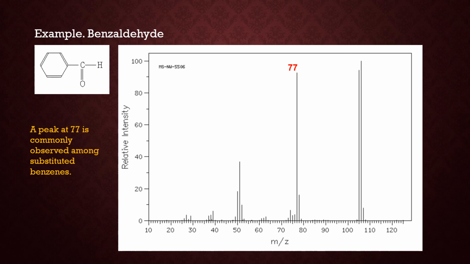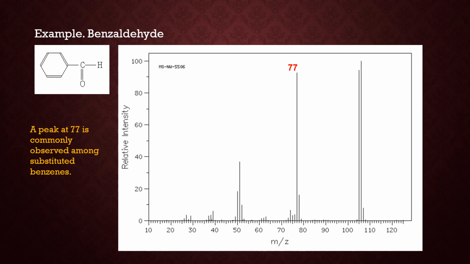If you have a disubstituted one, it may appear at 75 or 76. So if you start to see major peaks in the vicinity of 75 to 77, you can begin to suspect the presence of an aromatic system that's been substituted.